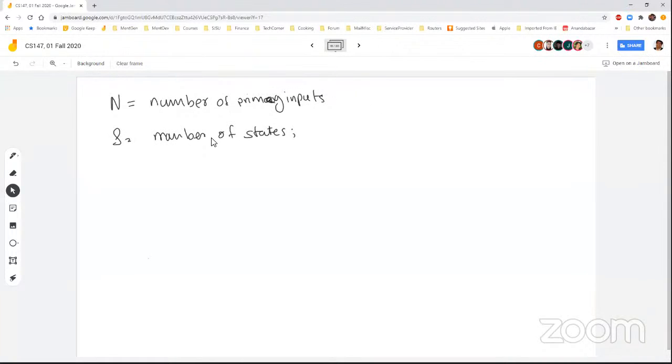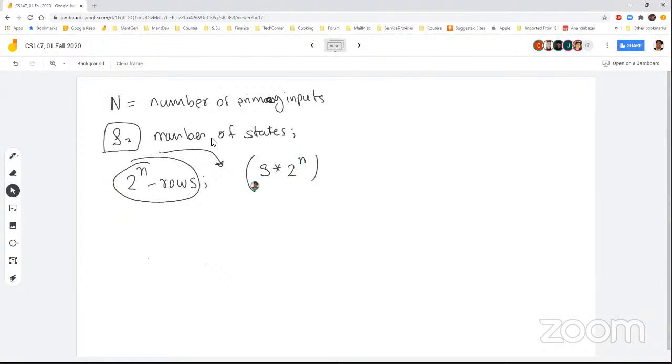So the number of primary inputs n will give at least 2 to the power n rows without considering the number of states, right? Now, if you want to combine the number of states, each state will give rise to 2 to the power n rows. So it will be S multiplied by 2 to the power n. Is that the way you guys did that one?